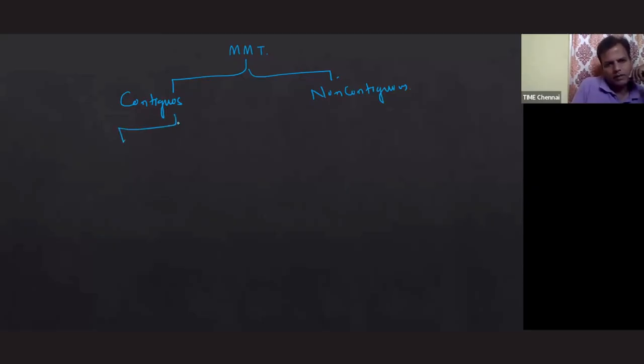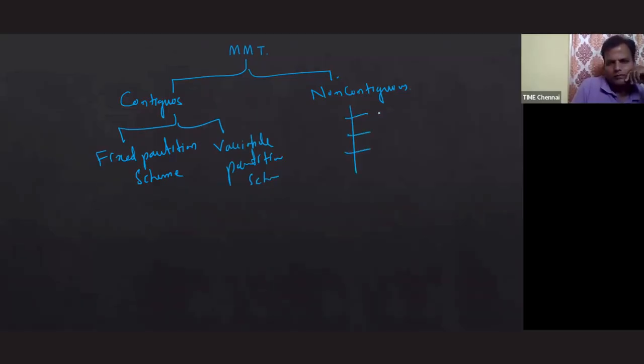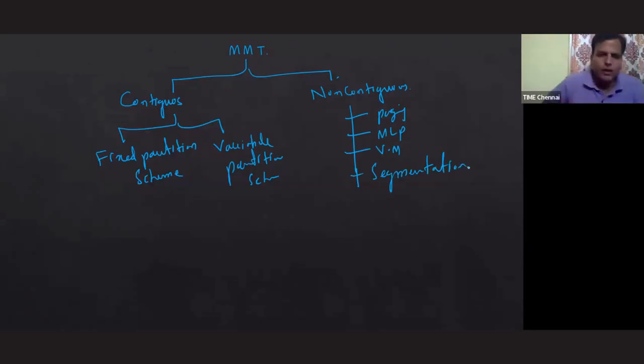Contiguous is further classified into two parts: fixed partition scheme and variable partition scheme. Non-contiguous means what, sir? Paging, multi-level paging, virtual memory, segmentation. Okay, fine.